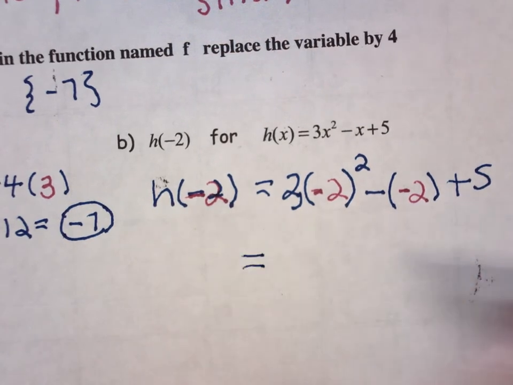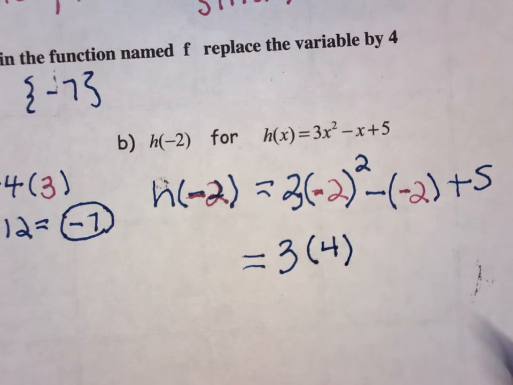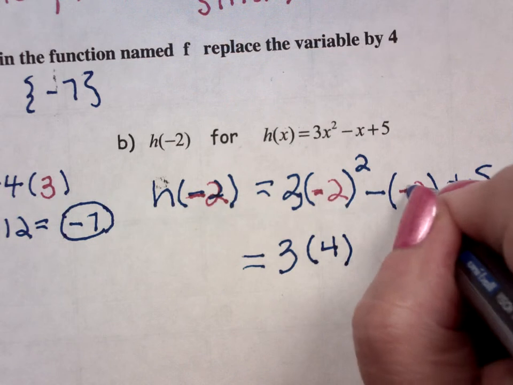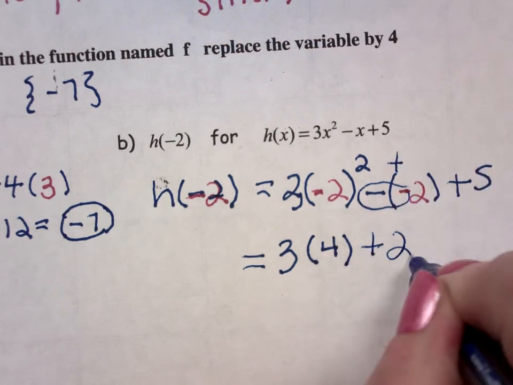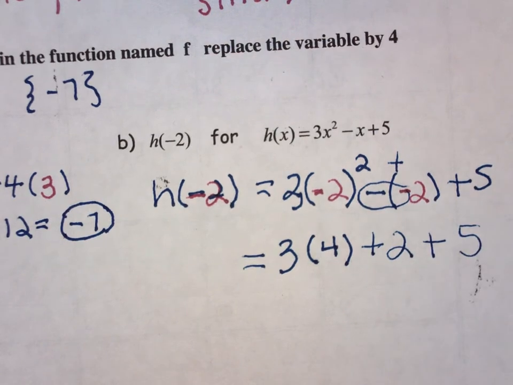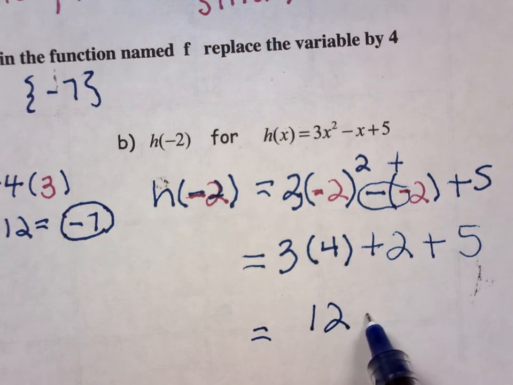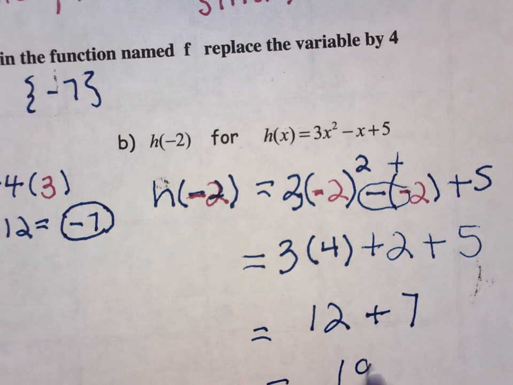So that this then becomes 3 times the quantity -2 squared, which is +4, because it's -2 times -2. This is negative, and a negative is a positive, plus 5, which is 3 times 4, or 12, plus 2 plus 5 is 7, or 19.